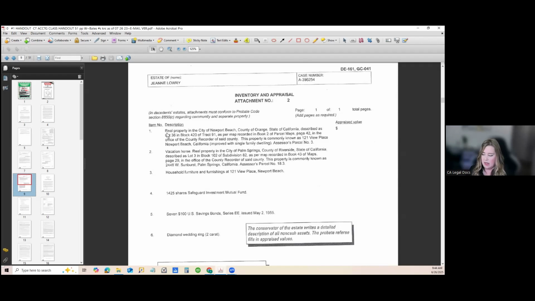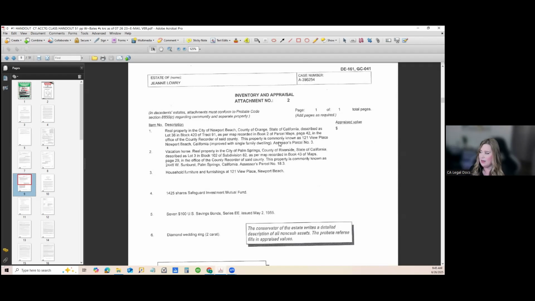So, like I said, maybe I'd say 100% interest in the real property in the city of Newport Beach, County of Orange, state of California, commonly known as, I'll put the address of the property. I do not put improved single family dwelling, anything of that nature. And I put the APN number.